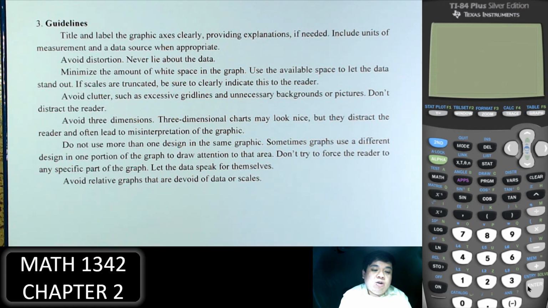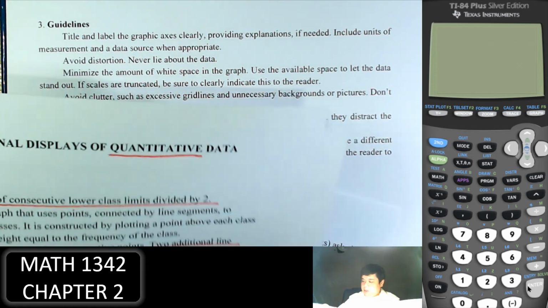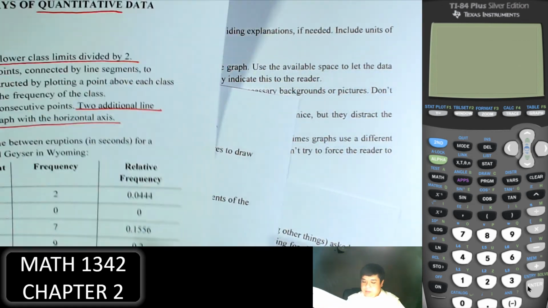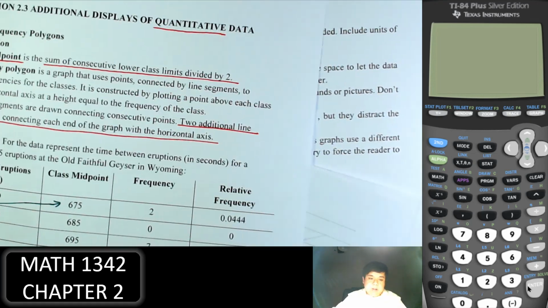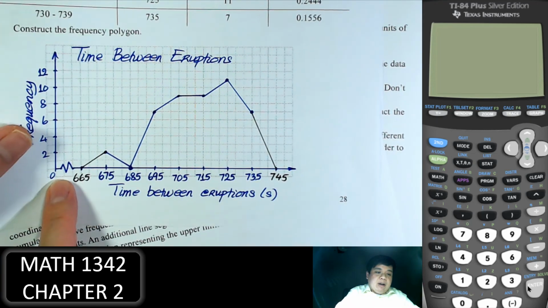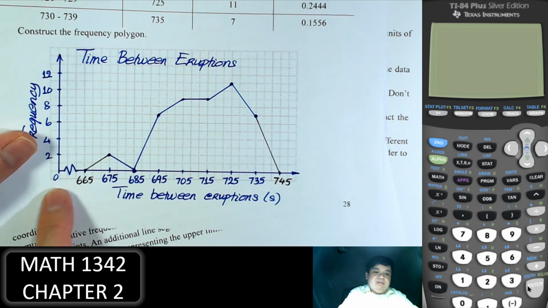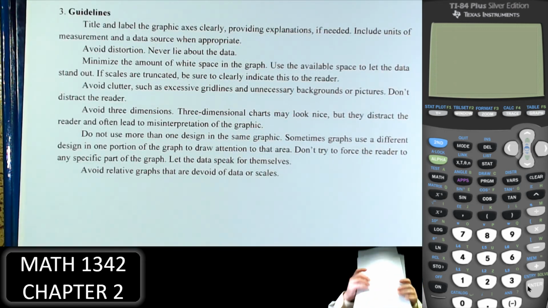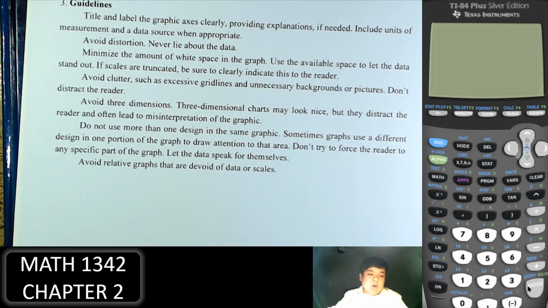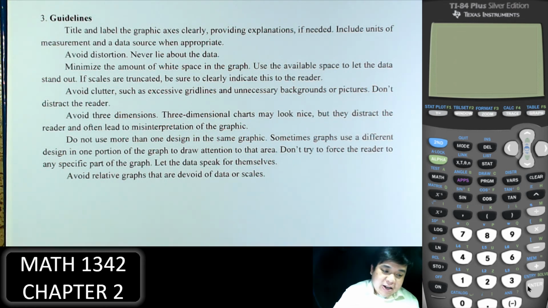If the scale is truncated, be sure to clearly indicate this for the reader. So I'll clearly write that this is a gap, so it does not go from 0, but there's some gap there.